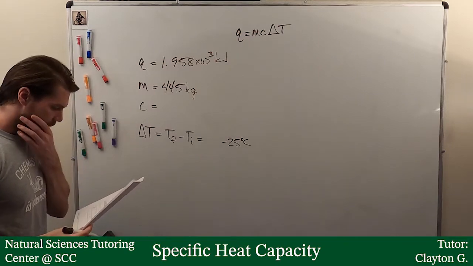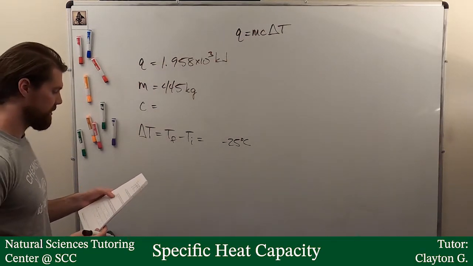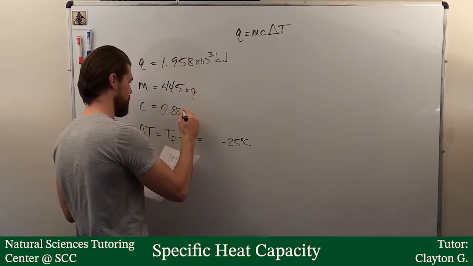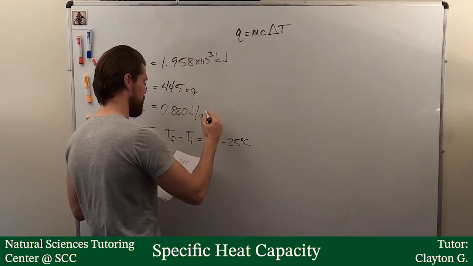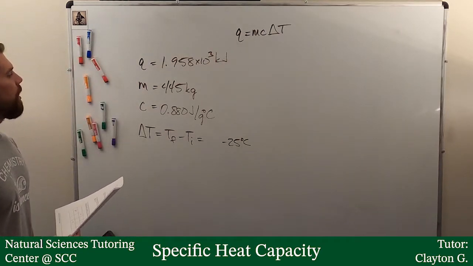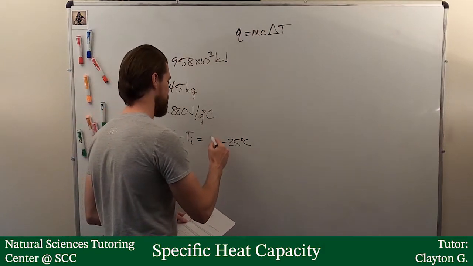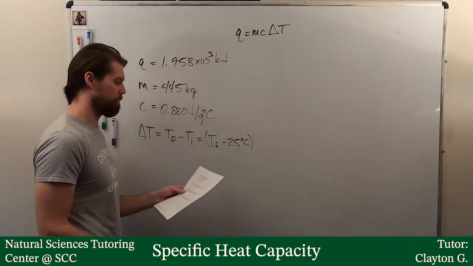It says energy is lost. We'll talk about that. Specific heat capacity is given, so we have 0.880 joules per gram degree Celsius. Okay. All right, so the question is, what is its final temperature? So T final is actually what we're solving for here.